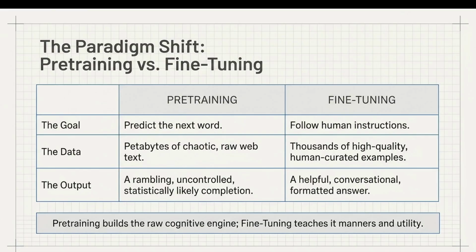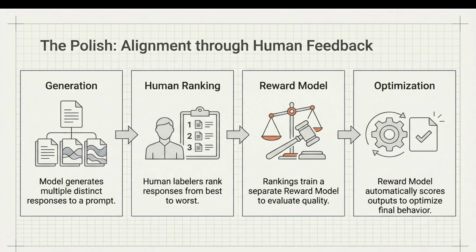But when we fine-tune a pre-trained model, it gives a formatted answer by following the instructions with which we fine-tuned the model. Pre-training builds the raw cognitive engine; fine-tuning teaches its manners and utility.